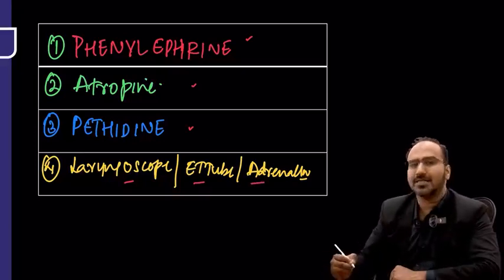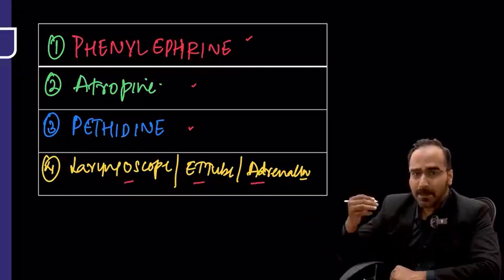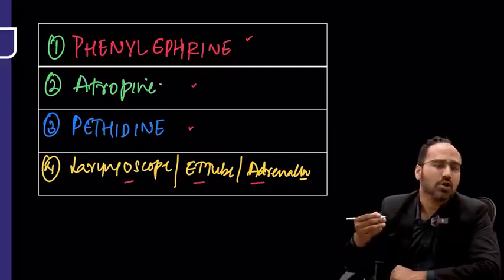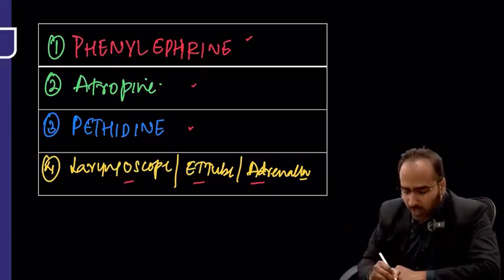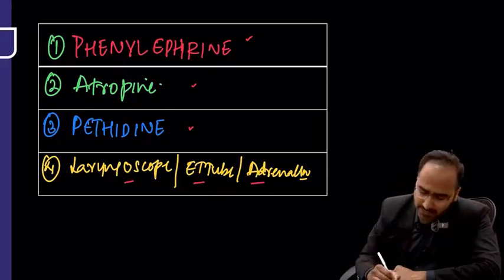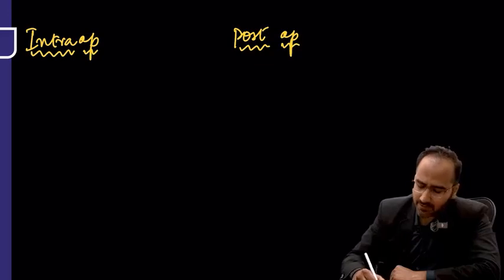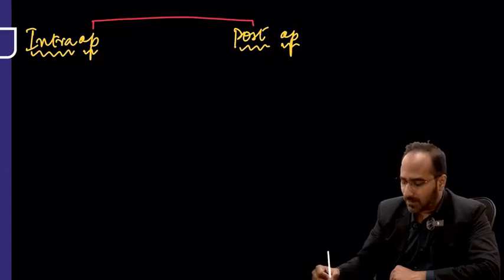Why am I keeping these drugs? Because I know that the patient might land up in some complications immediately after giving spinal anesthesia. Now, what complications might the patient land up in? These complications of spinal anesthesia are divided into two types: intraoperative complications and postoperative complications.